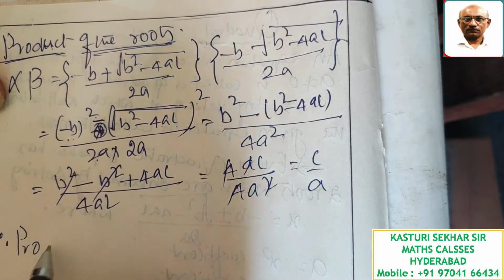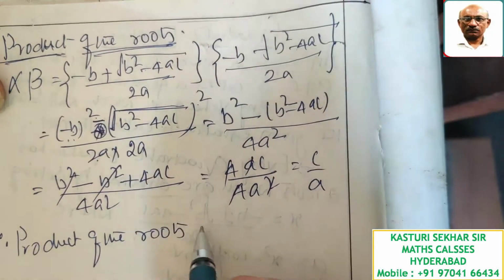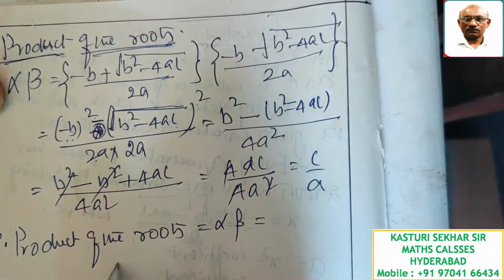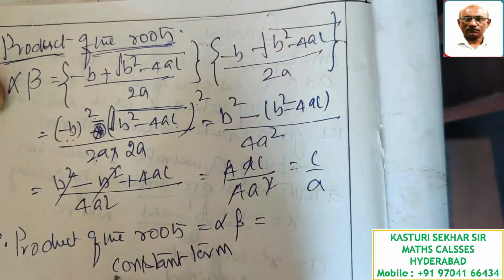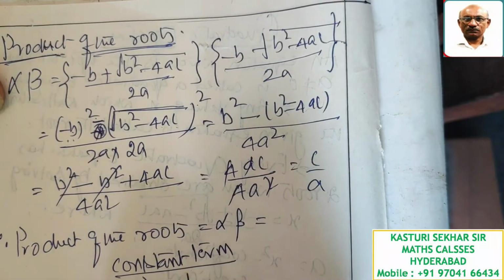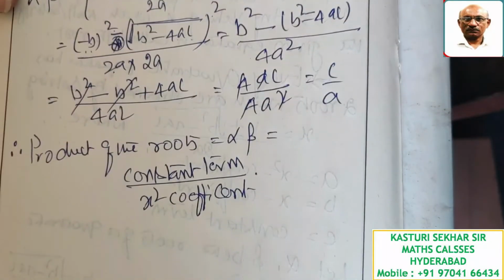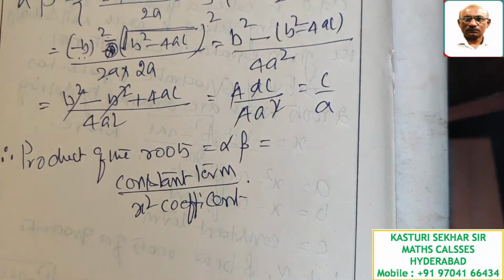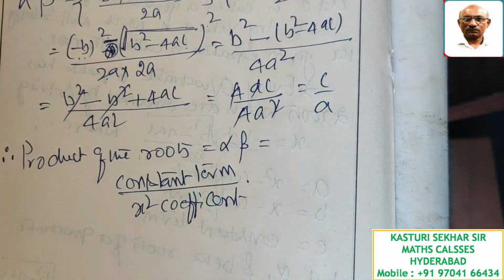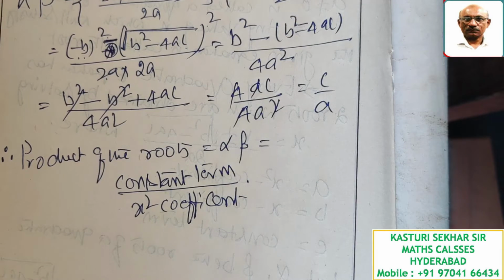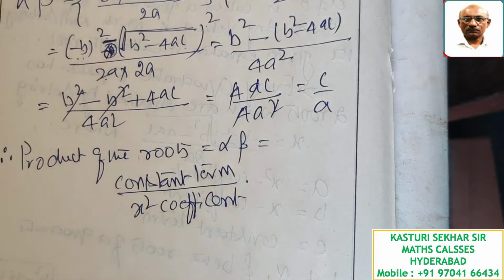Therefore, product of the roots alpha beta is equal to constant term divided by x square coefficient. So for any quadratic equation, the product of the roots is obtained this way, constant term divided by x square coefficient.